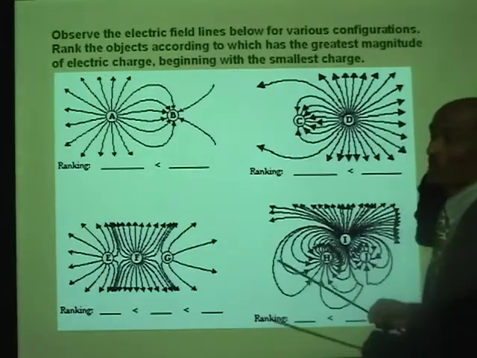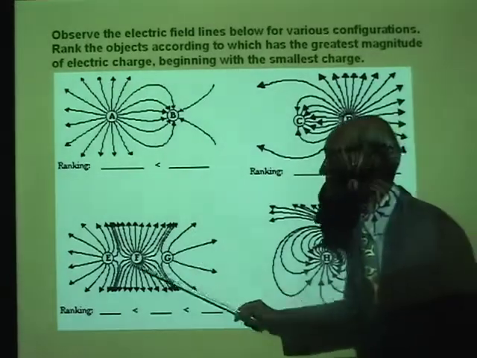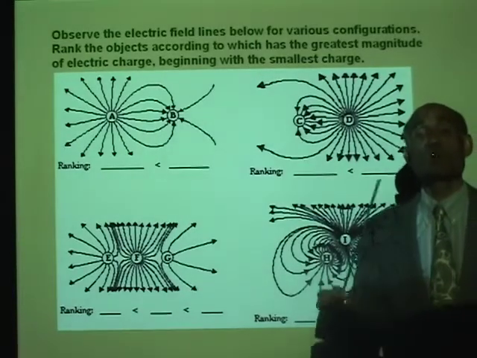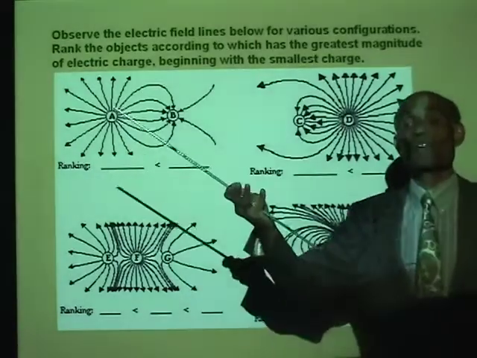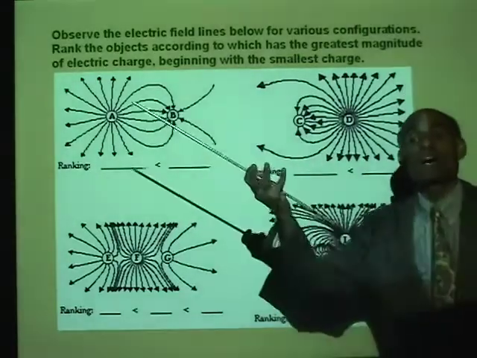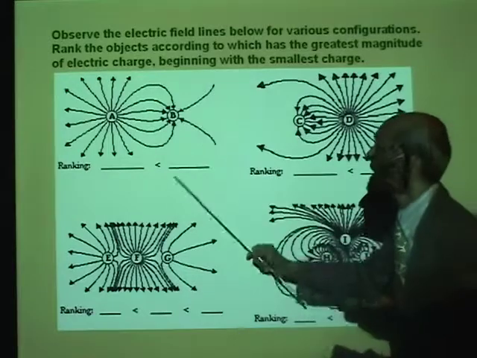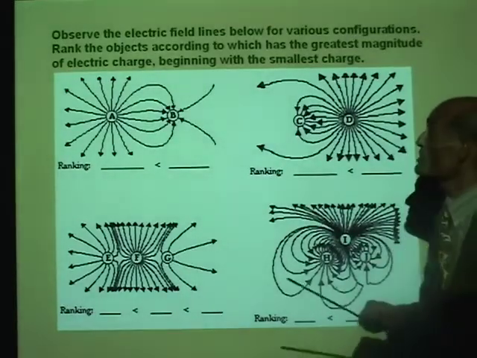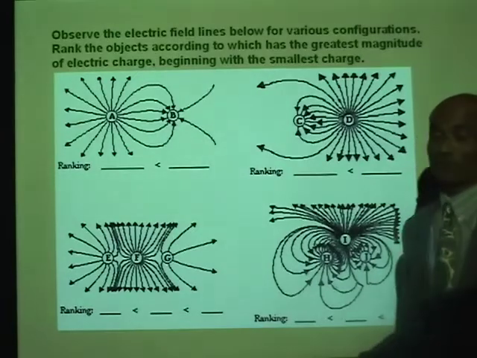You know how to do that, is that right? Because the magnitude of electric charge is proportional to the number of lines of force either converging onto the charge or diverging from the charge. So use that concept to do this and put all these answers together and send it to me.